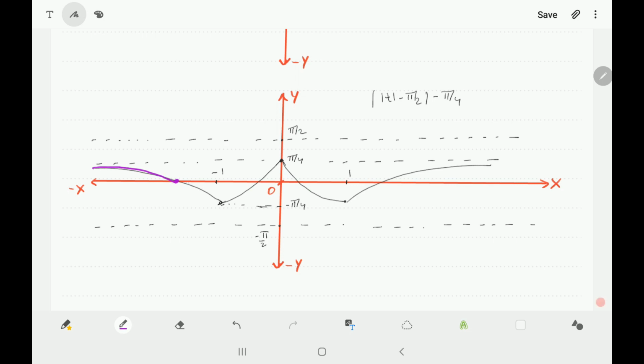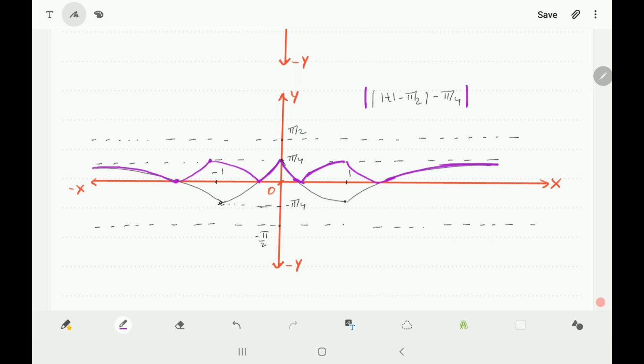This part will go upwards till pi by 4. This is concave, so it will become convex upwards. So this will remain the same, this will remain the same. This is concave, it will go convex. This is convex, it will go concave. So this maroon is the final graph of this particular function.